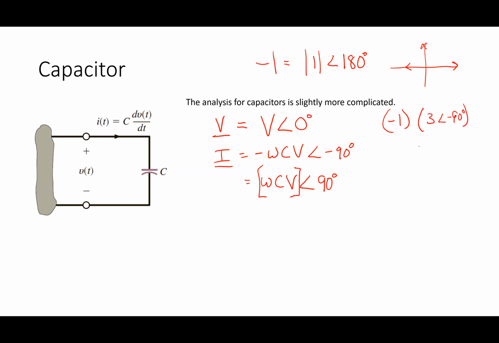If I multiply two complex numbers like that, this is the same as 1 angle 180 degrees times 3 angle negative 90 degrees. Follow what I just did there? Do those angles follow the exponent rule, since you're adding? They do when I'm using Euler.